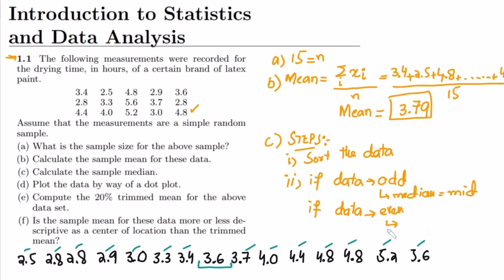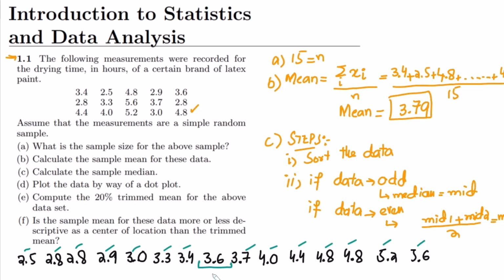We take the two middle numbers, mid 1 plus mid 2, and divide by 2, and this gives me the median for our data.